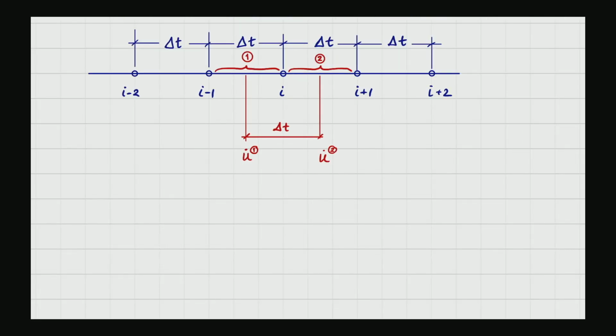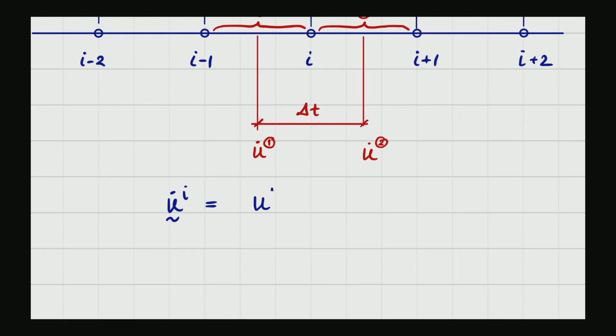So the point is now we are going to calculate the velocity at the step i, and this velocity u dot i is going to be the displacement at the i plus 1 step minus the displacement at the i minus 1 step, and divide this by the total time.